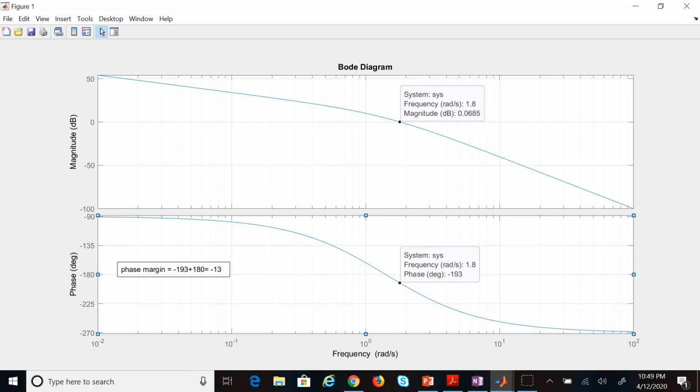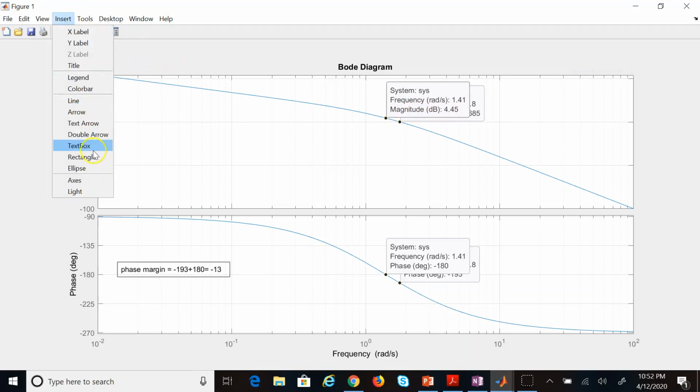Now let's also determine the gain margin. For the gain margin, we need to find the frequency at which the phase becomes negative 180, and hopefully it allows me to find this point. So here we find the frequency at which the phase is negative 180, which is roughly here. That's about 1.41, and at that position we find the magnitude, and the negative of this magnitude is the gain margin, right?